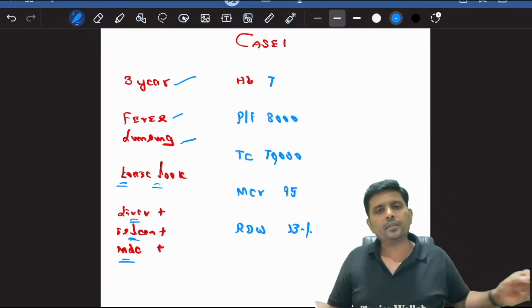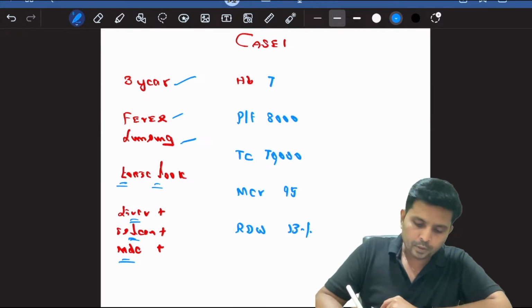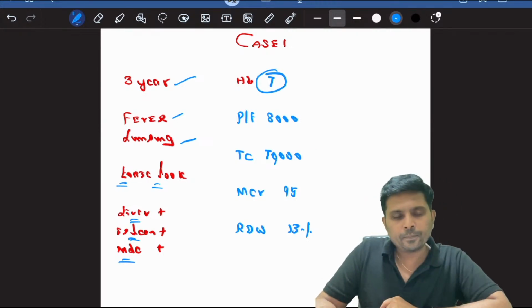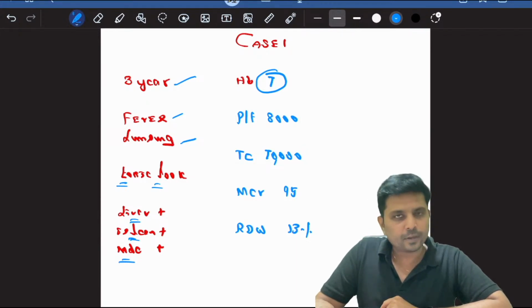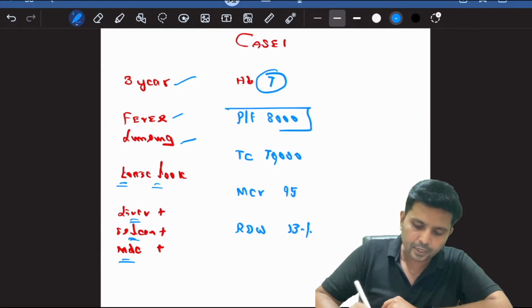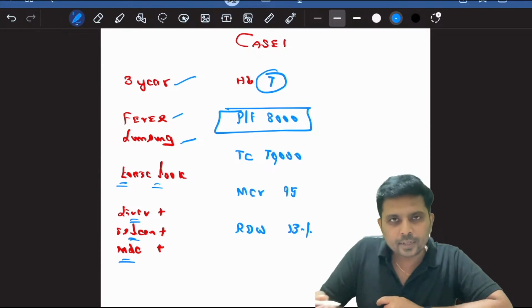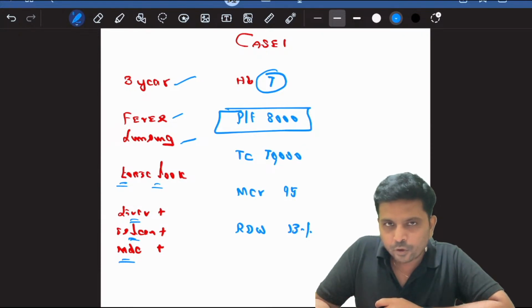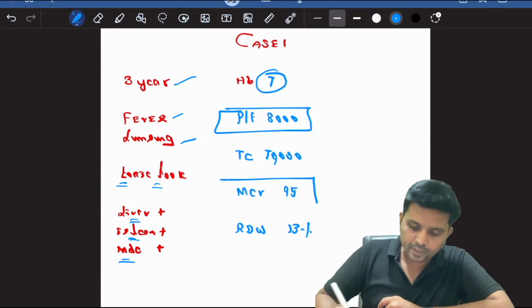So what are all the things it was told to you? The hemoglobin is 7. Whenever you see a hemoglobin of less than 10 grams per deciliter, it is called anemia. Always you need to look for other cell line involvement. Other cell line involvement is platelet is reduced. So there must be some bone marrow involvement. MCV is 95.